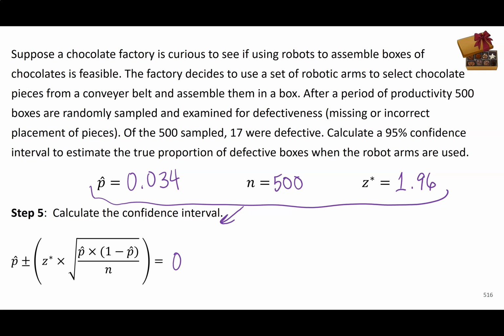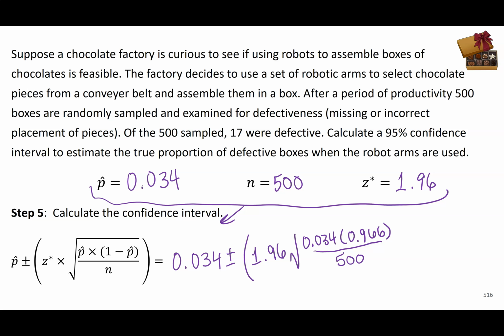So what I observed in the sample, 0.034, plus or minus 1.96 times the square root of 0.034 times 1 minus that, so that's 0.966, all over my sample size, which is 500, square root over all of that.